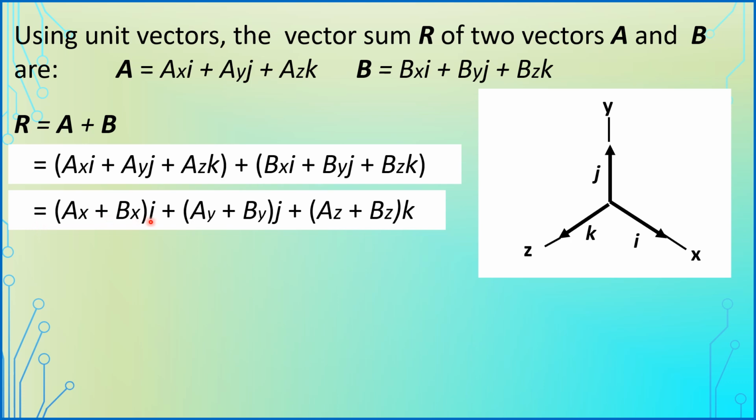So this is the expanded form of the resultant vector capital R. When we say x, y, and z components of the vector R, this is how it can be written: rxi plus ryj plus rzk.